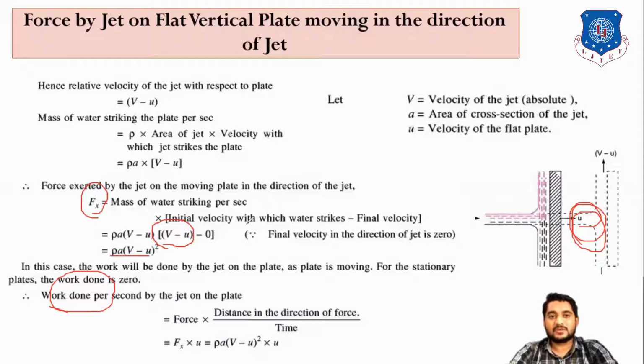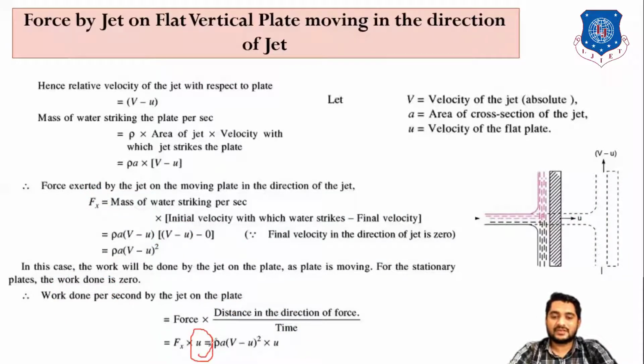Here the plate is moving, so there is some displacement. With the displacement, we can also find work done, because work done is equal to force into displacement. So work done per second means force into displacement divided by time. Remember students, work done per second means force into displacement divided by time. Here force is Fx and distance by time means the velocity of the blade.